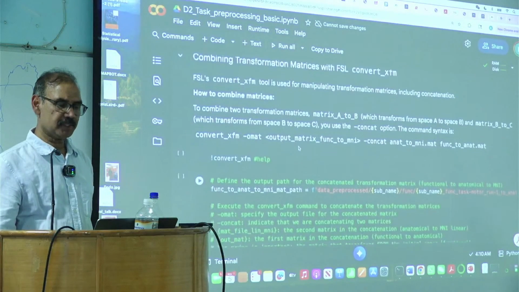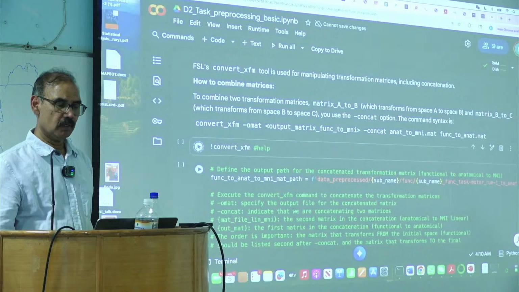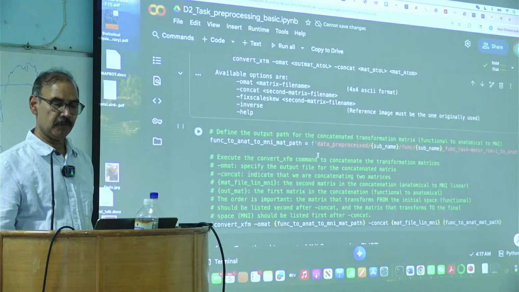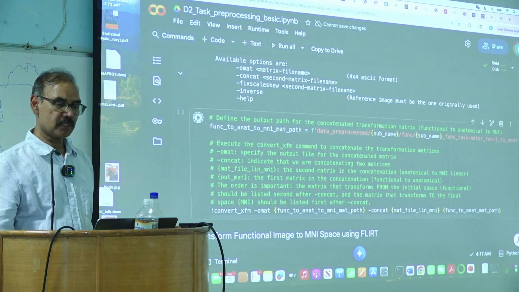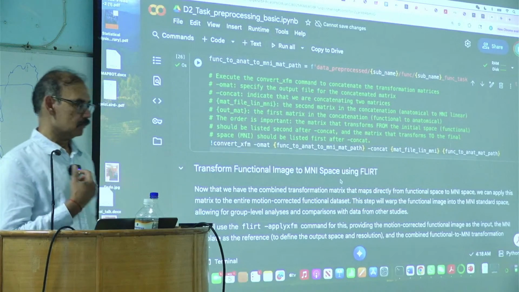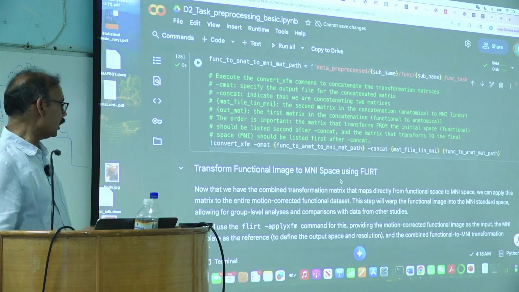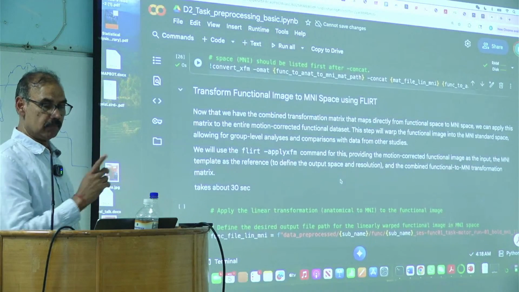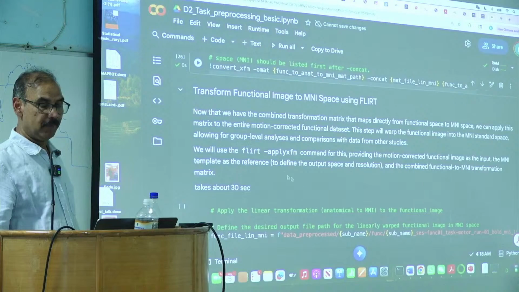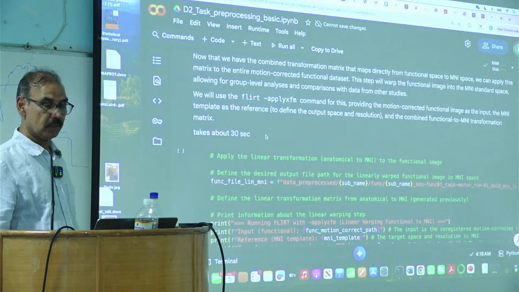So once this is done, then what we do is we transform the functional using the anatomical image, right?